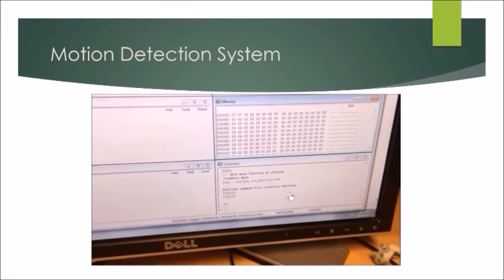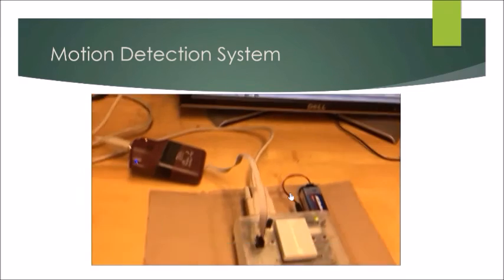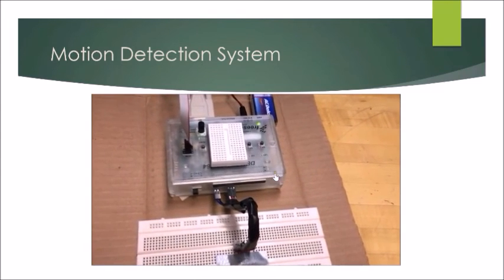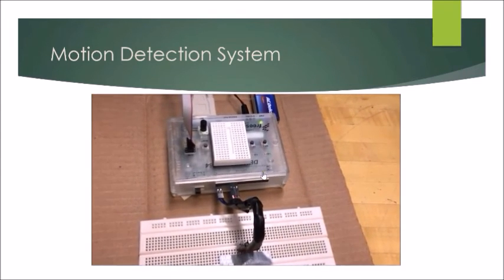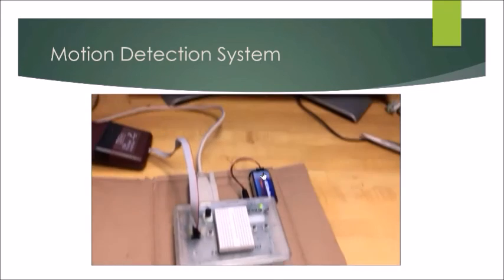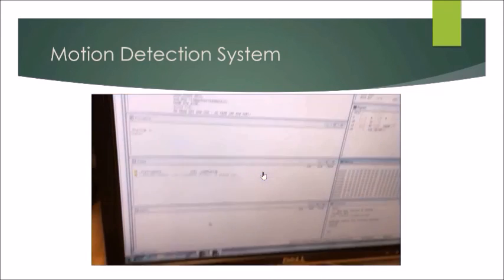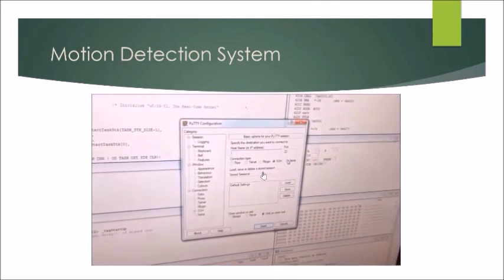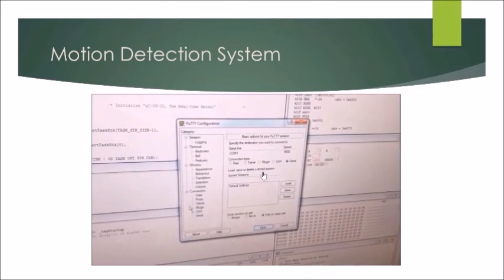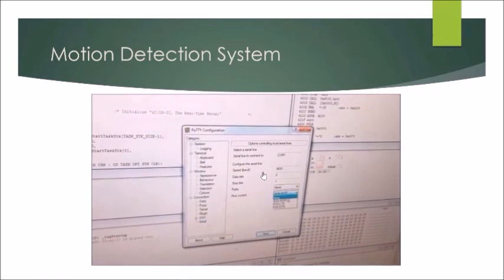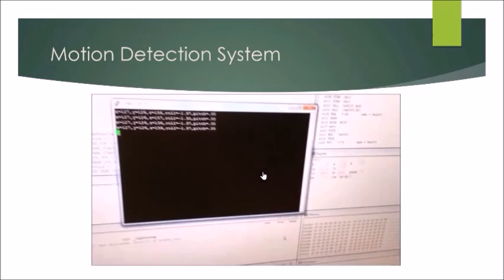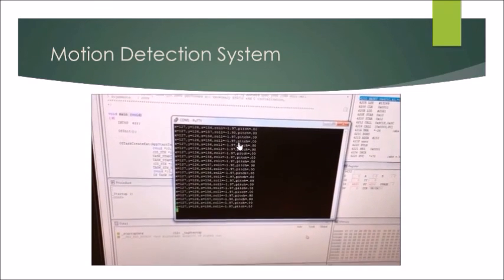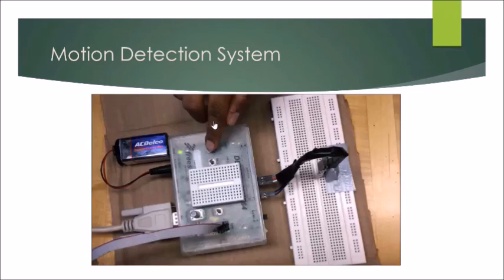So the program is properly dumped in the microcontroller. As you can see, the LED pattern is in its initial condition, and at the serial terminal, as we said before, we use PuTTY to see the serial output. So let's start PuTTY. As you can see here, the XYZ, roll, pitch, R values are coming, and this is the initial condition.